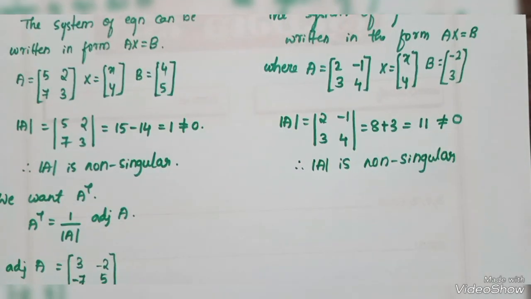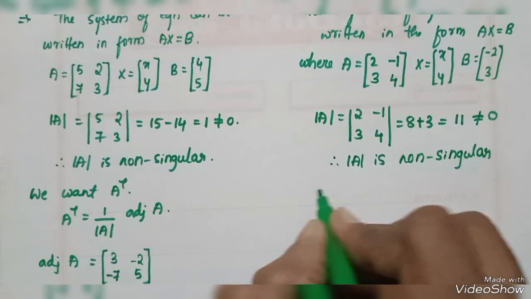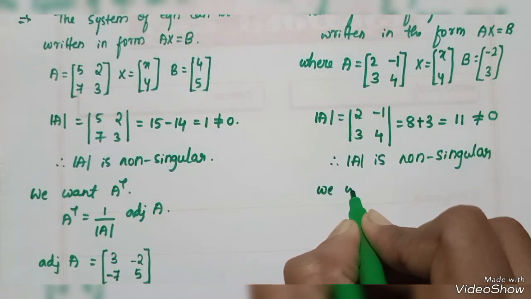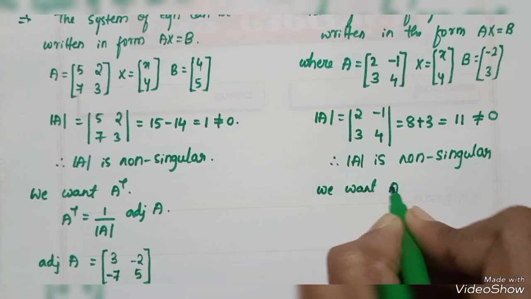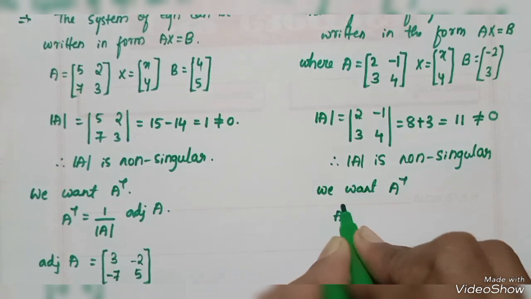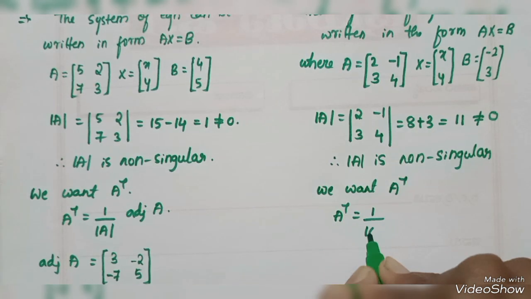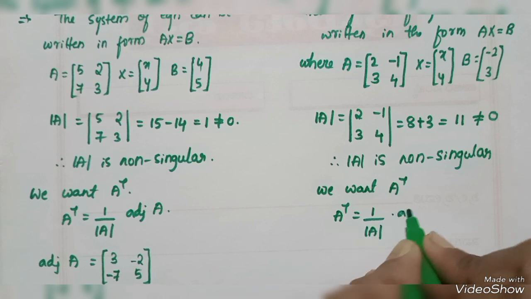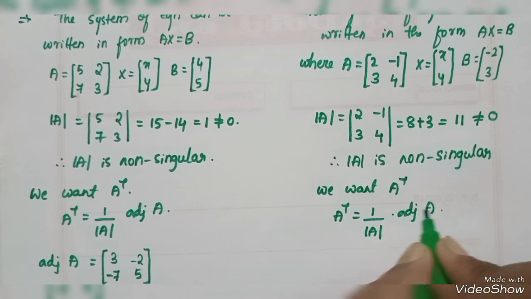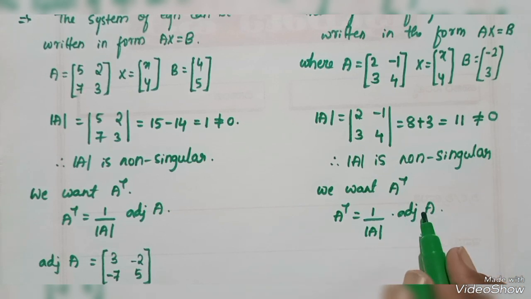Now the next step is to find the A inverse. We want A inverse. Again, A inverse is equal to 1 by determinant of A into adjoint of A. First we have to find the adjoint of A and then substitute in the equation.